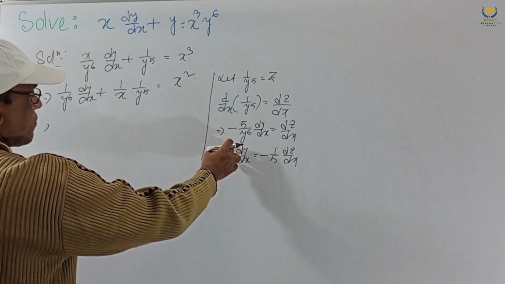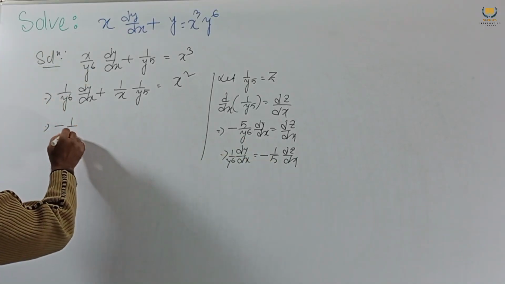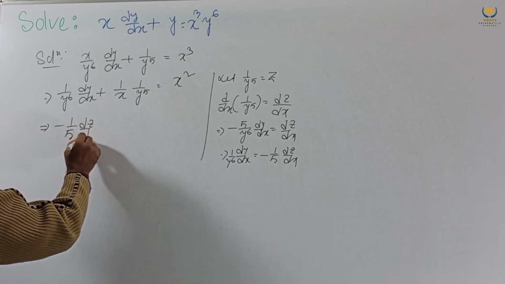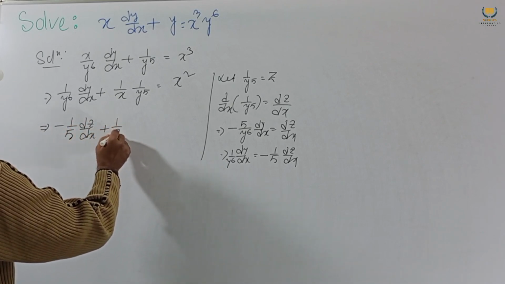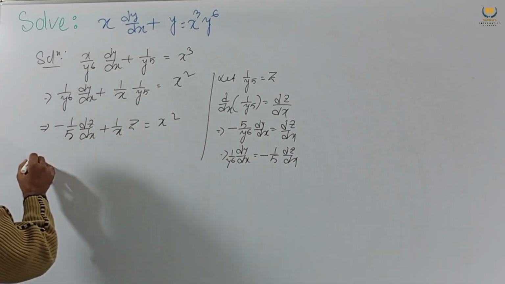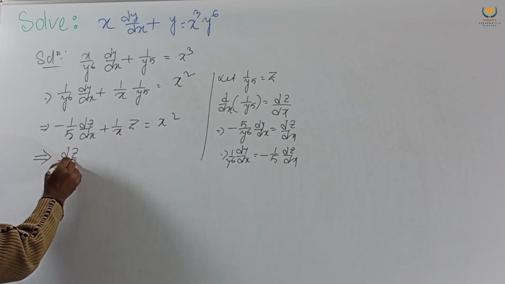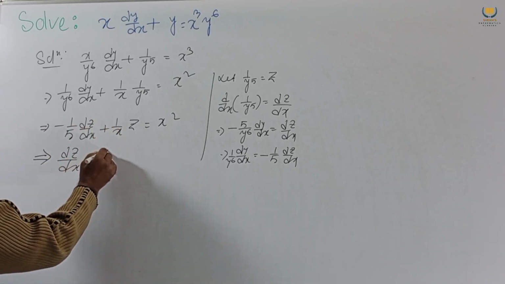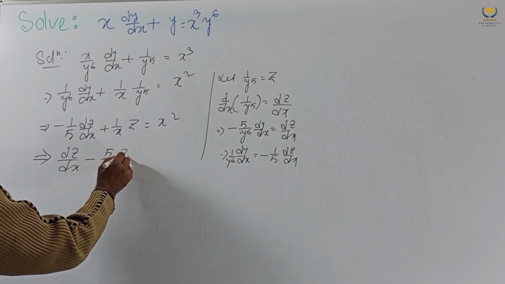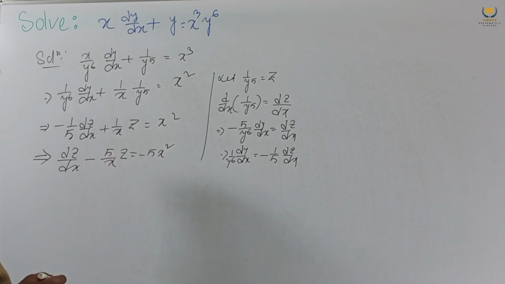And 1 by y to the power 6 dy dx means this is minus 1 by 5 dz dx, 1 by x is this z, this one is x square. Multiplying both sides by minus 5, dz dx equal to minus 5 by x z, and this is minus 5 x square.